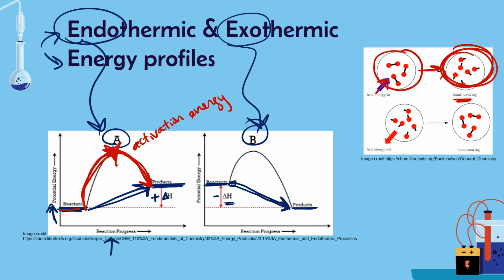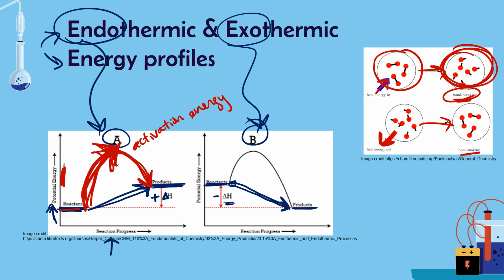So this decrease in potential energy is due to the formation of new bonds. Heat energy is leaving as these pieces and parts find each other and form new bonds. Bond breaking requires an input of energy. We're going to call it the activation energy. It's this increase right here.